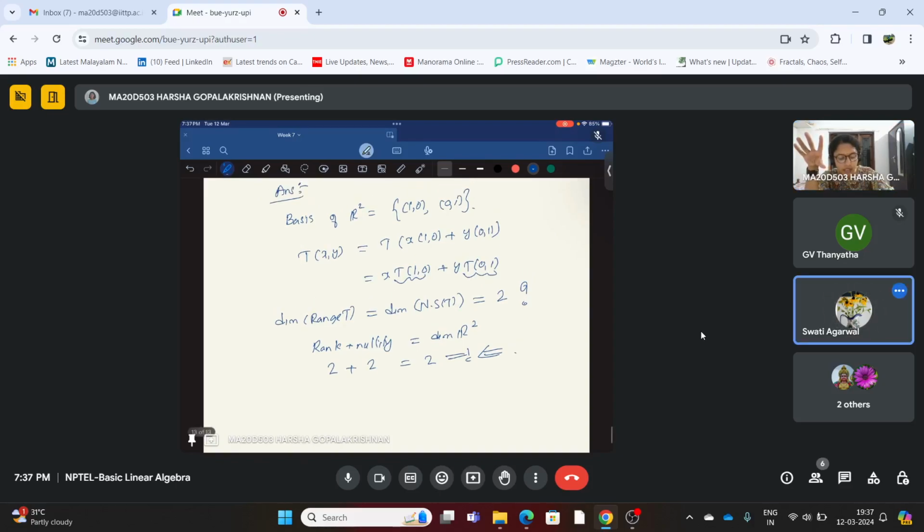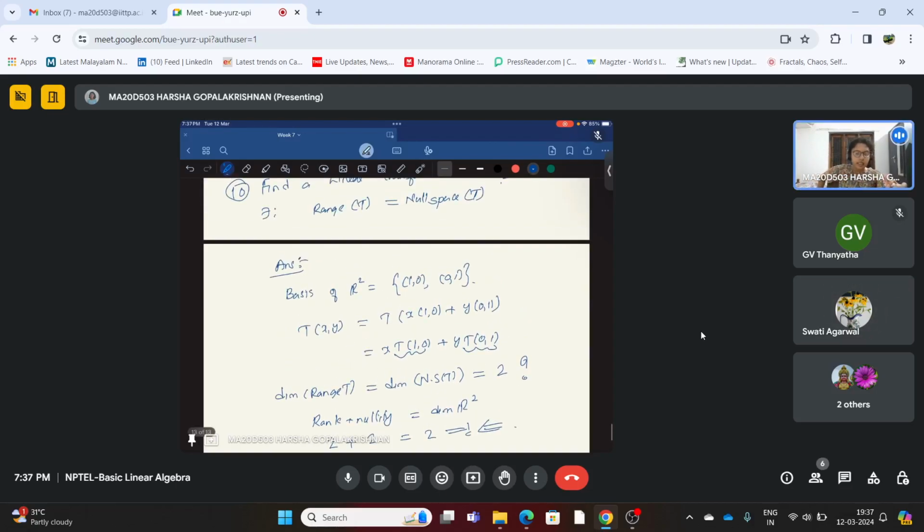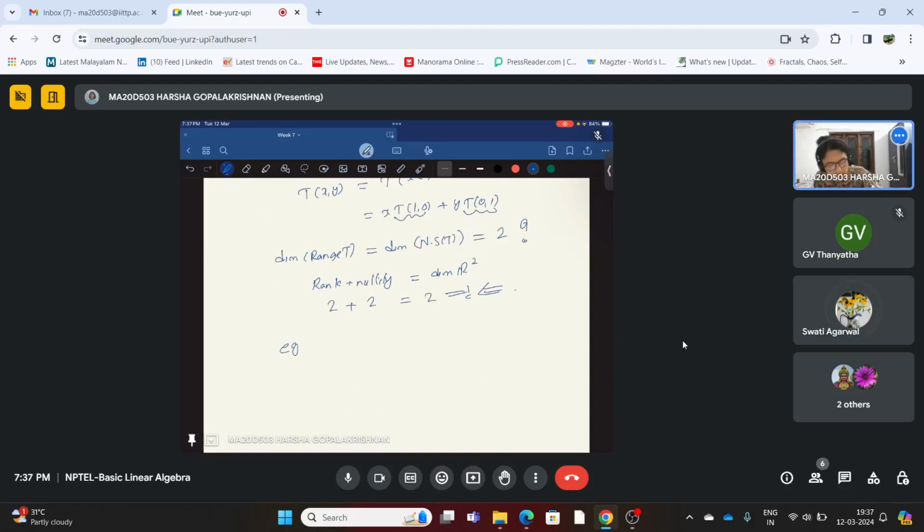Let me take another notation: S from R2 to R2 such that S of (x,y) equals (0,0) for all (x,y).